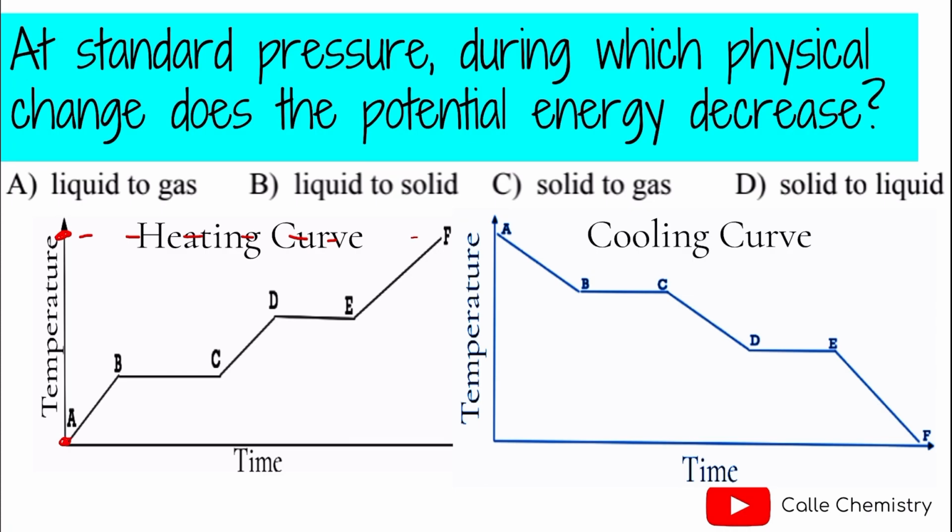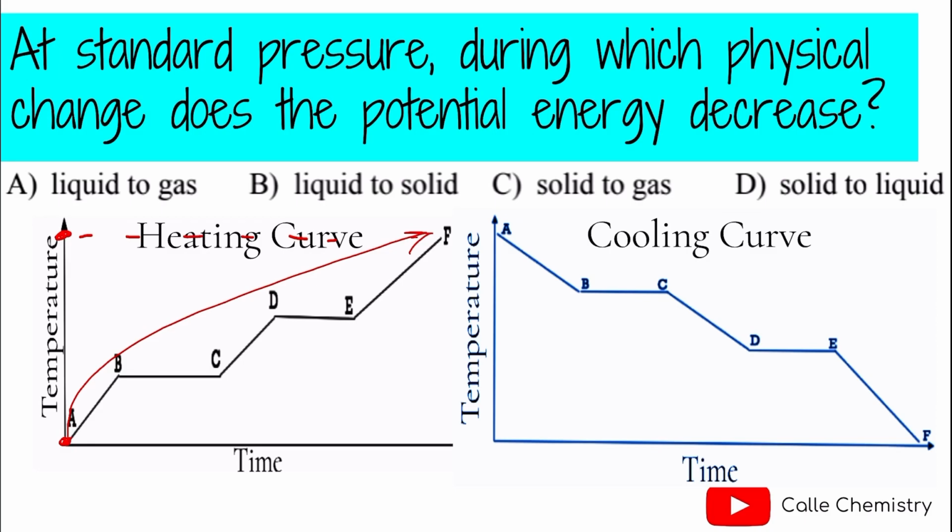So from A all the way to F, overall the energy is being added, it's being absorbed. So this will not be the curve that we're talking about if we're looking for something that is decreasing. So heating is out. The cooling curve is the one that we should think of if they're asking us for an energy that is decreasing.